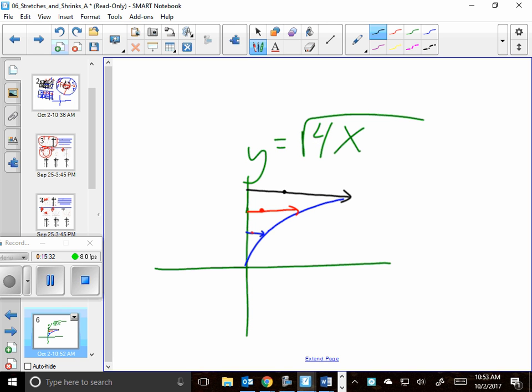Now it's 1/4 of that. This one's weird because it looks like you did something else to it. I'm going to stick to these choices. It looks like I stretched it up, but I actually squished it this way. The graph's been moved over that way.